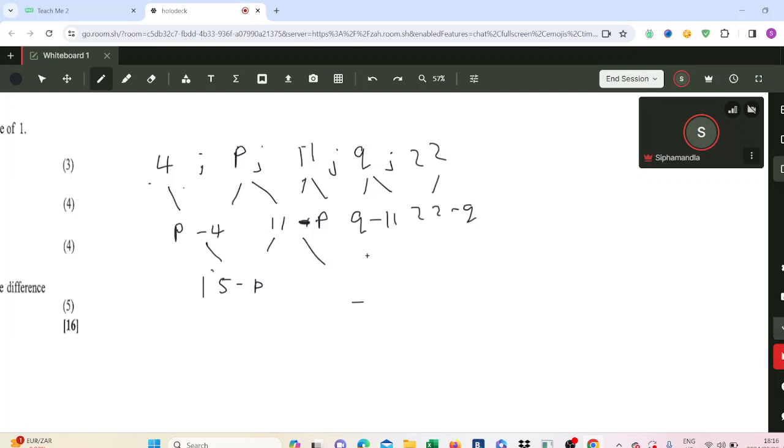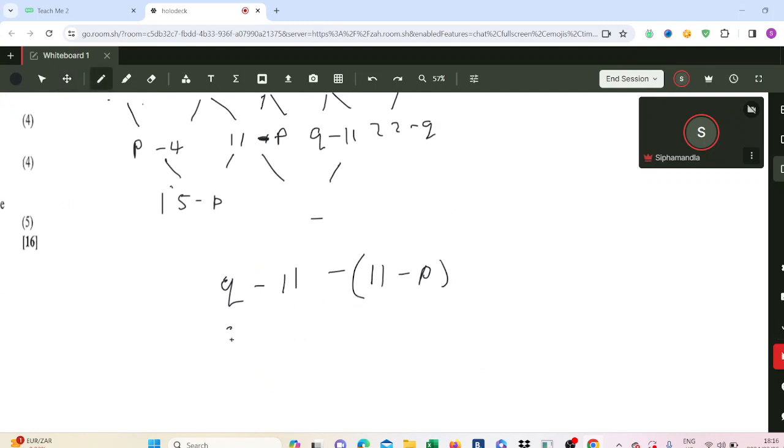Now let's do this one, which is Q minus 11 minus into 11 minus P. We distribute the negative: negative times positive 11 is negative 11, negative times negative is positive P. So here I will have Q plus P minus 22.